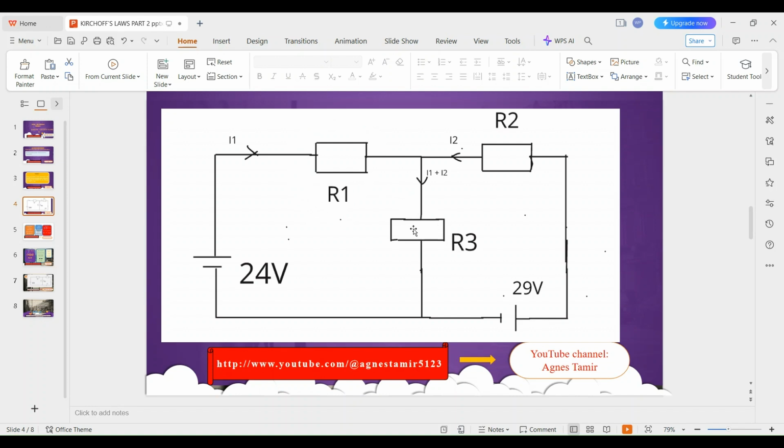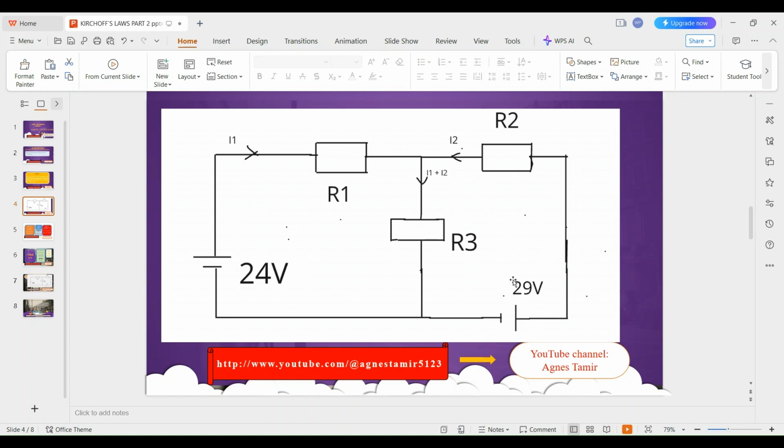I3 we have seen is 5 and this resistance here is also 3 ohms. Therefore, the voltage drop across this resistance here will be given by 5, which is the current, multiplied by the 3 ohm resistor. So 3 times 5 is 15. So the voltage drop across this component here will be 15. Therefore, when you take 9 plus 15, you're supposed to get the supply voltage here, which is 24.